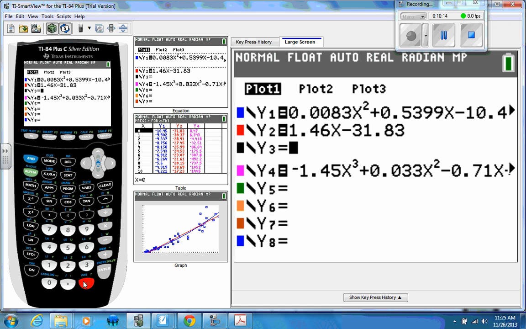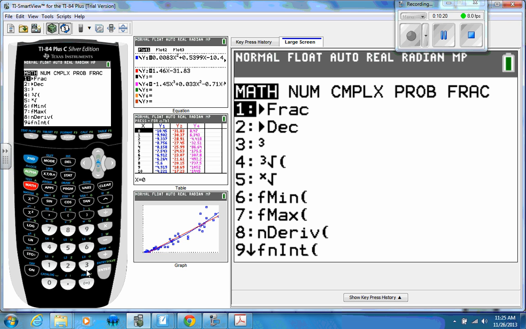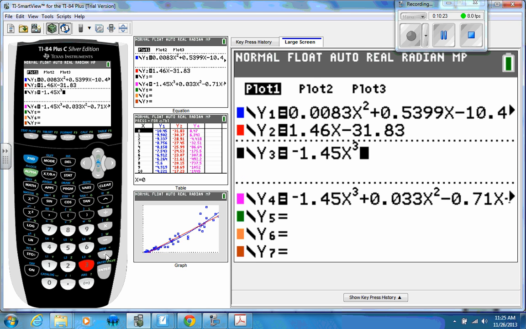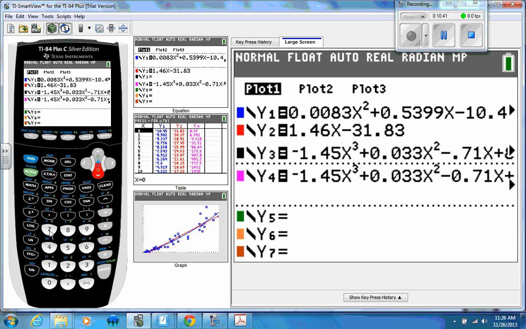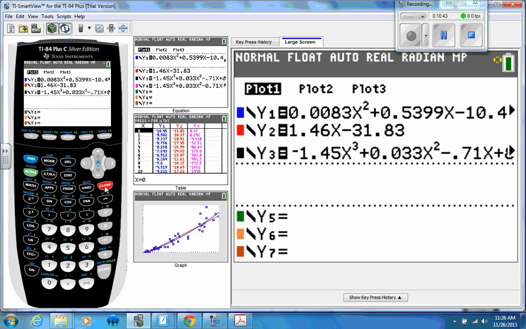So negative 1.45 x to the math to the 3 plus 0.033 x squared minus 0.71 x plus 8.47. And then if I go to the bottom here, and I'll just delete this one, and then I'll graph again and see what I get from my third.